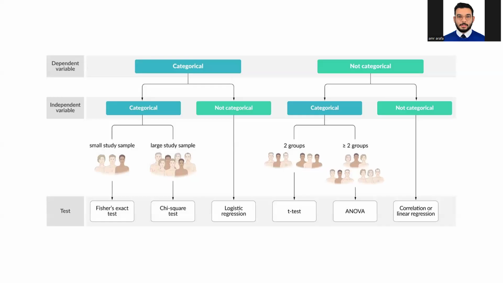If what you're measuring can accept decimal points, meaning it's not categorical, and how you're influencing the data is categorical, then you're going to use the t-test or ANOVA. If both of them accept decimal points, both are not categorical, then you can use the linear regression or correlation. Again, correlation, linear regression, and logistic regression are not as high yield as the chi-square, t-test, or ANOVA. All right, so I hope that made it simple, and thank you.